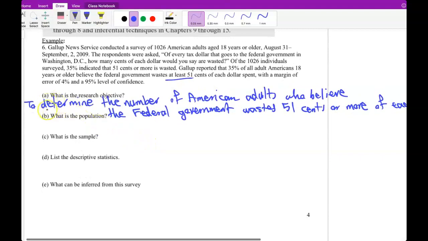Okay, so our objective was to find out how many American adults have this belief.